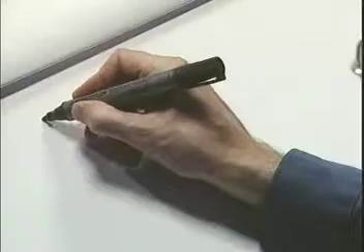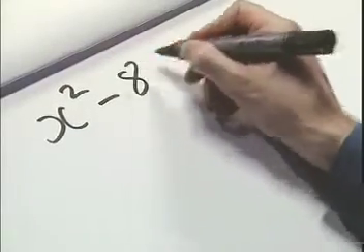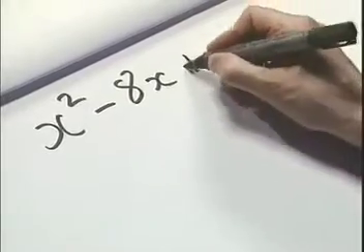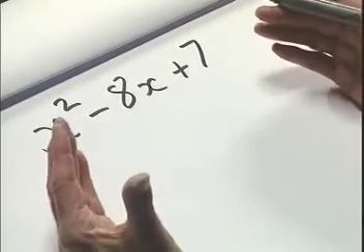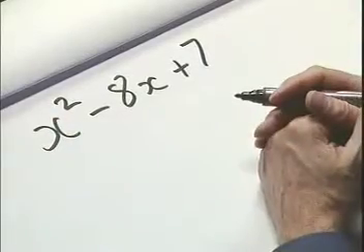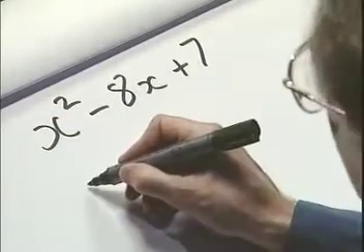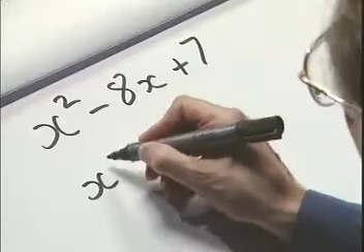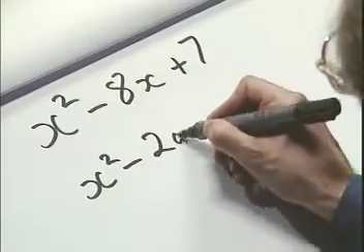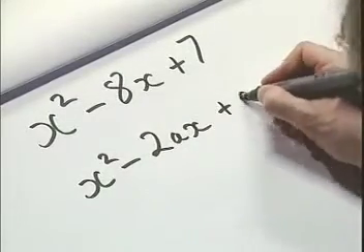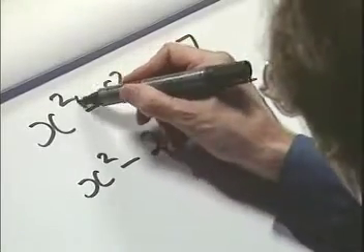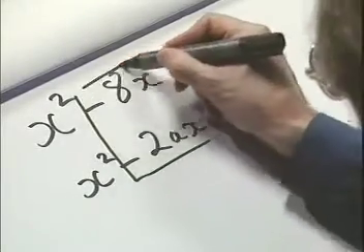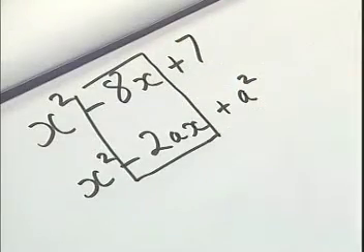Let's have a look then at another example. x squared minus 8x plus 7. And I want to write this so it's got a complete square in it. Well, one of the standard forms for the complete square that we had was x squared minus 2ax plus a squared. And I want to make these two terms the same.